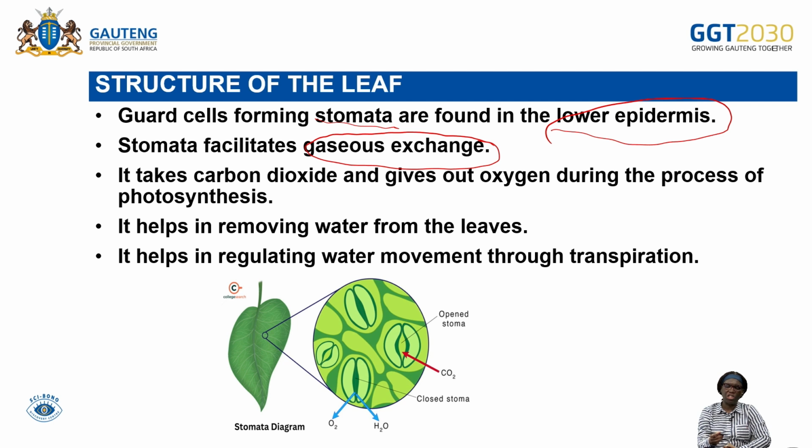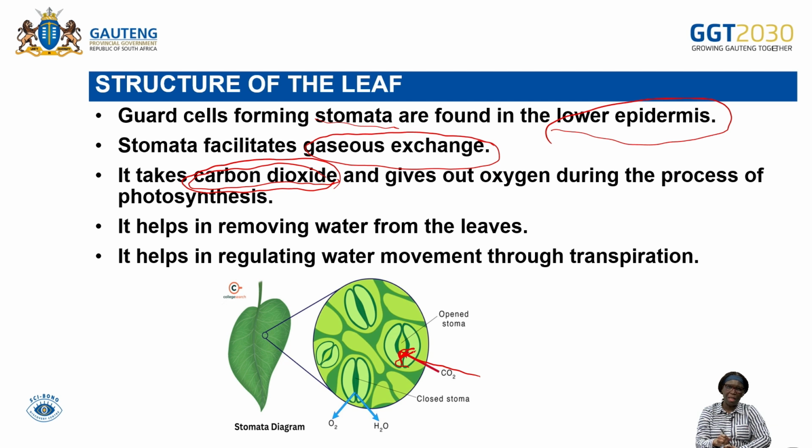For the exchange of gases, whereby oxygen from the atmosphere will be taken in through the stomata. Carbon dioxide from the atmosphere will be taken in. This is the carbon dioxide taken in through the stomata.